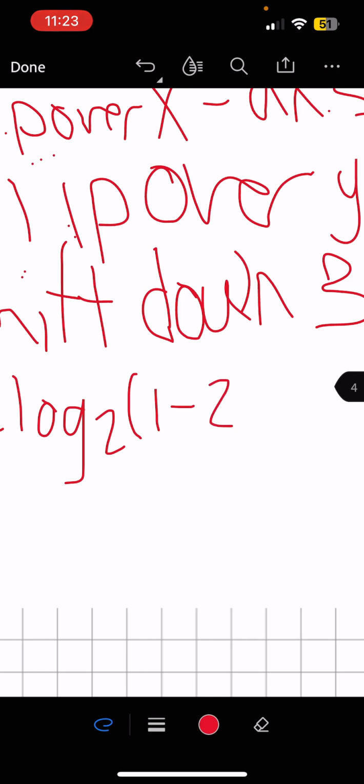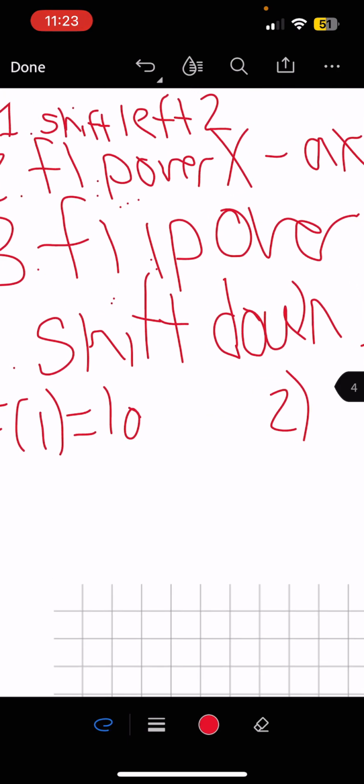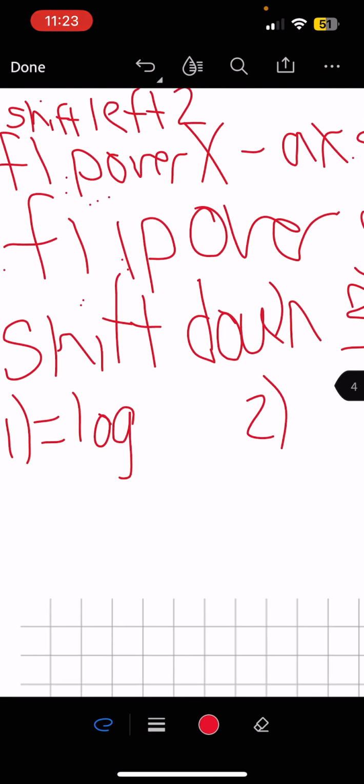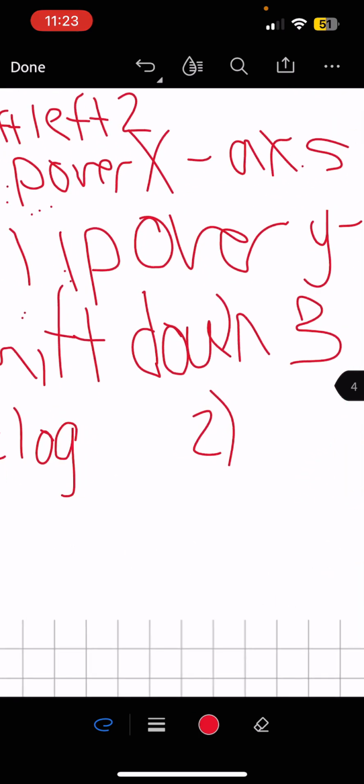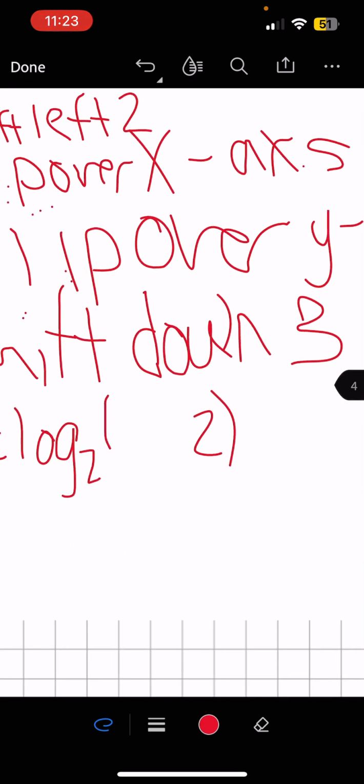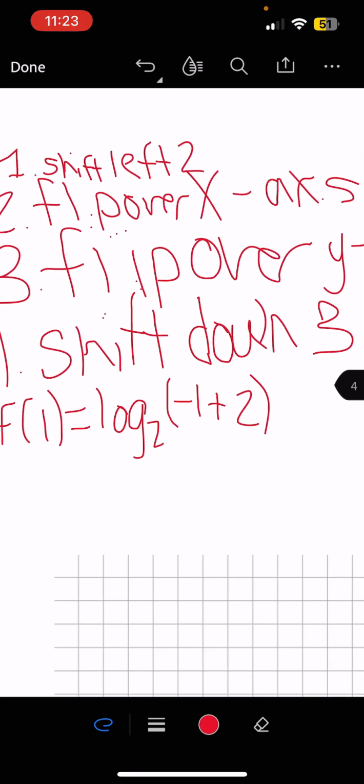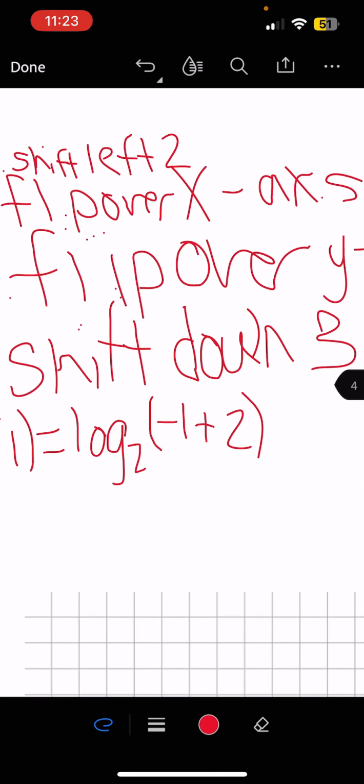I chose 1 because when you do 1 minus 2, or sorry, negative 1 plus 2, log base 2 of negative 1 plus 2. It's negative because it's actually negative times 1 plus 2.